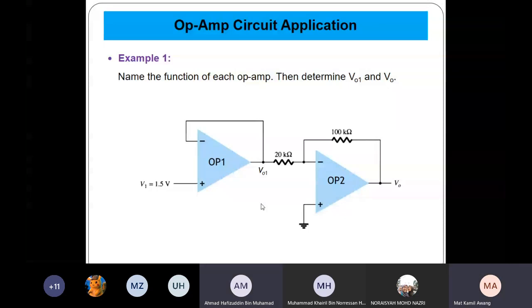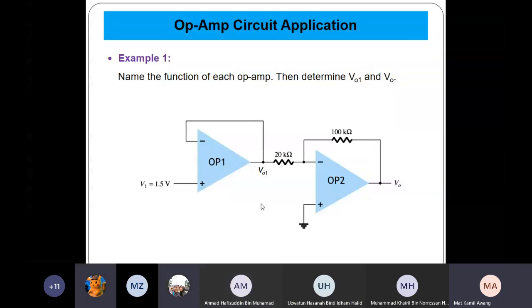V out one. Unity amplifier. Is it 1.5 or is it minus 1.5? Positive, sir. V1 equals V out. Yes, it's positive because it is from the positive terminal.